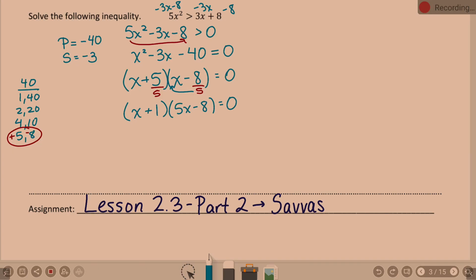And then you can set each factor equal to 0, right? So x plus 1 equals 0, or 5x minus 8 equals 0. Subtract 1. x equals negative 1. Or add 8. 5x equals 8, and x is 8/5.